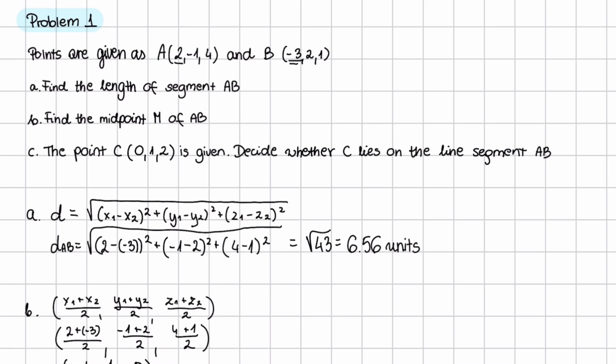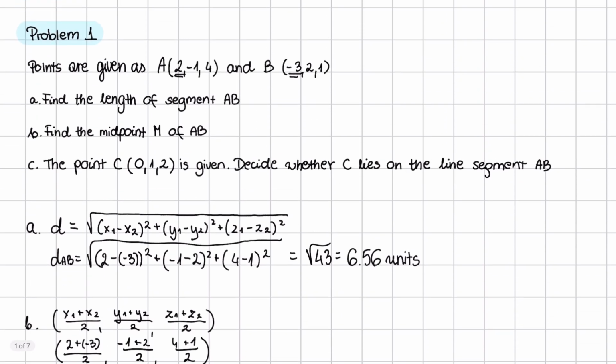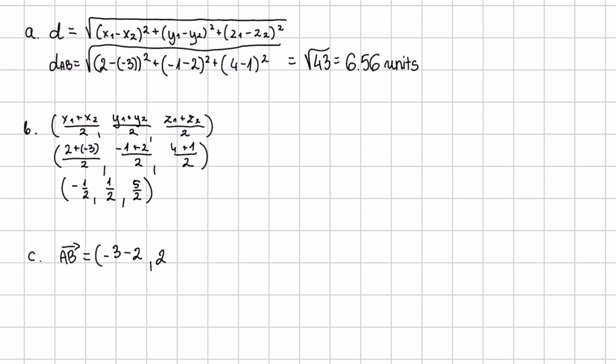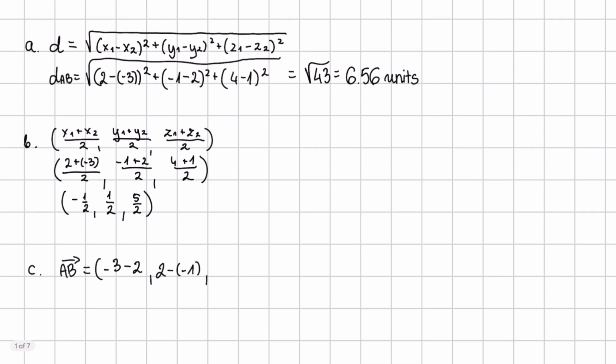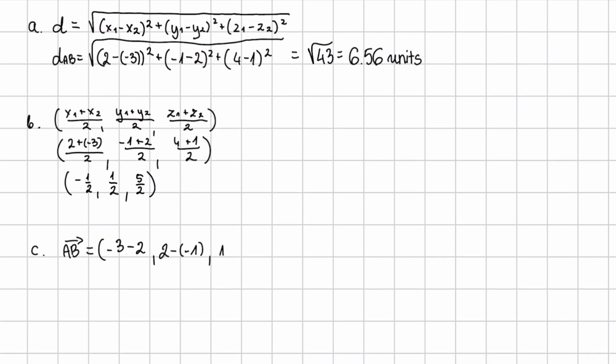this minus this, our first coordinate. So -3 minus 2. The second coordinate is 2 minus -1. And the third coordinate is 1 minus 4. So our vector AB is -5, 3, and -3.